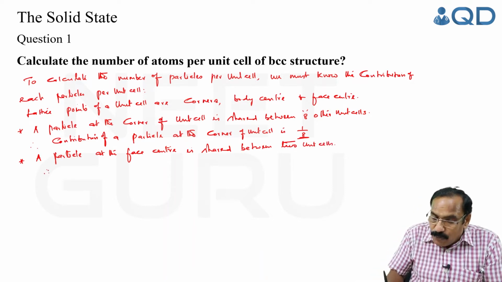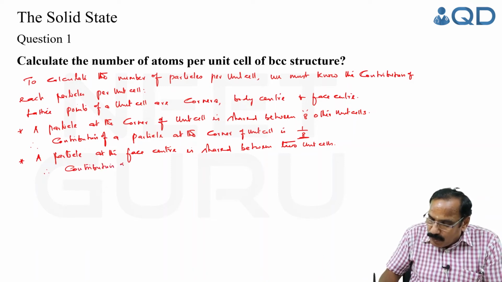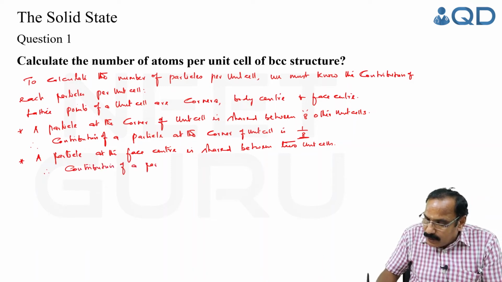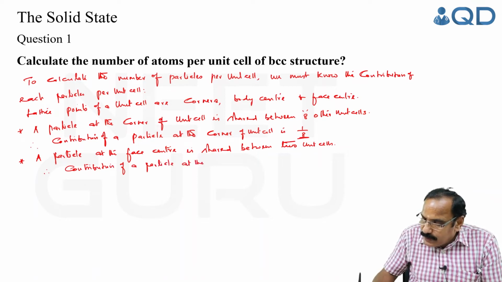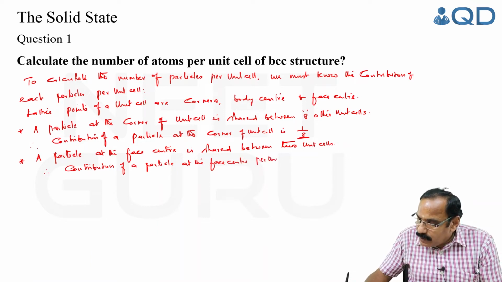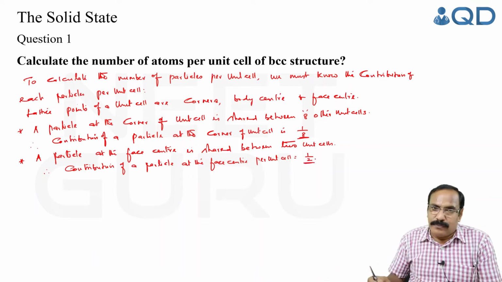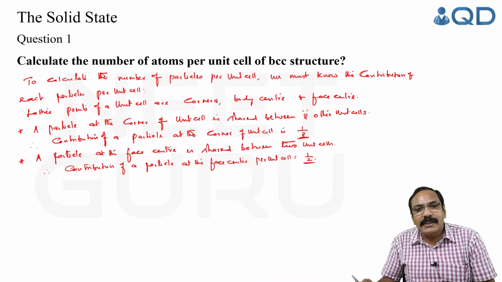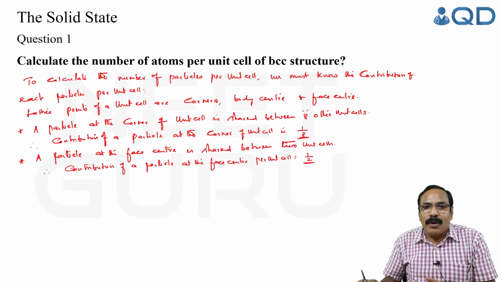Okay, therefore, the contribution of a particle at the face center per unit cell is just 1 by 2, half. So, out of 6 faces, you have only 6 into half, only 3.